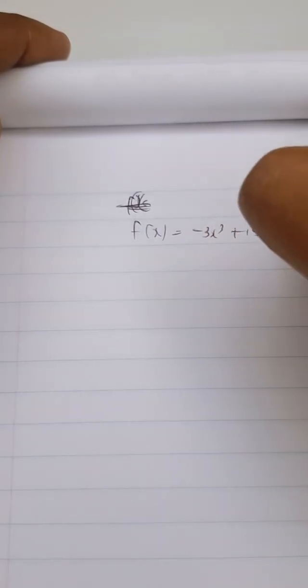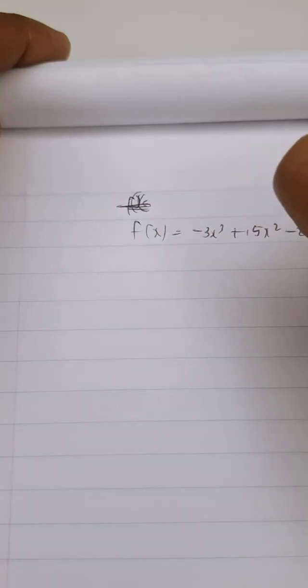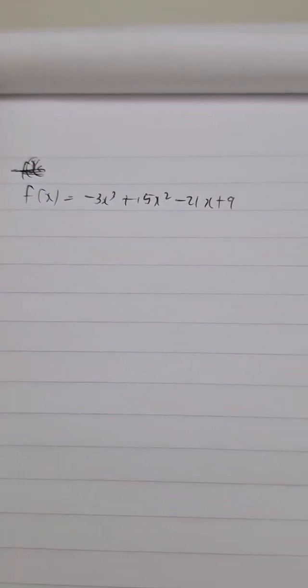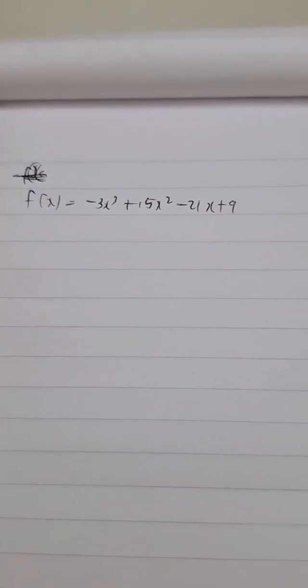f of x is equal to negative 3x cubed plus 15x squared minus 21x plus 9. So what do we do first?